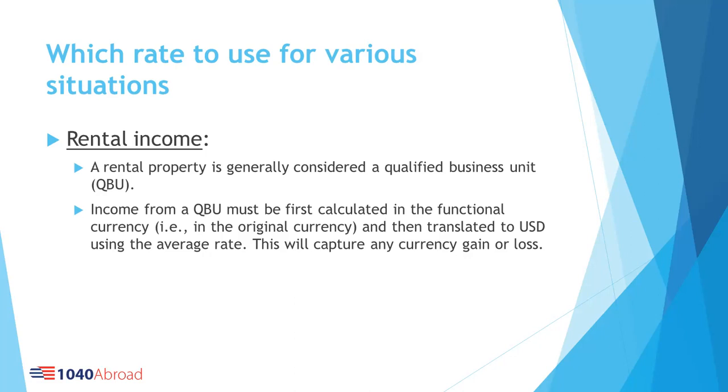You create an income statement for that activity separate from the rest of your income. If you have a QBU, an activity for which you do its own bookkeeping, then you would first compute that income in the local currency and then translate it using the average exchange rate for the year.